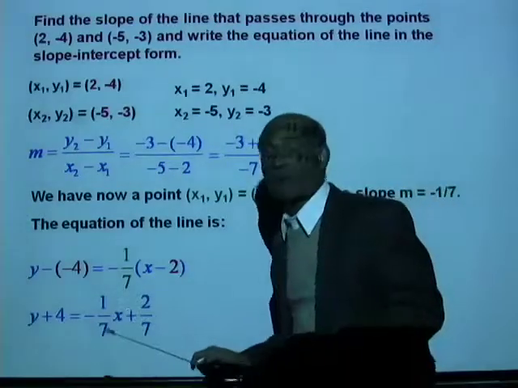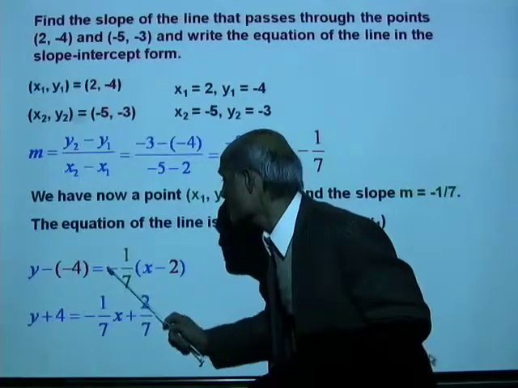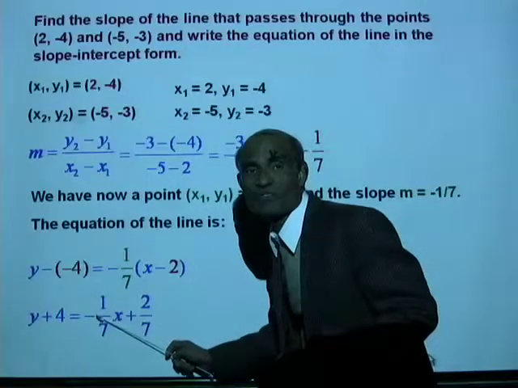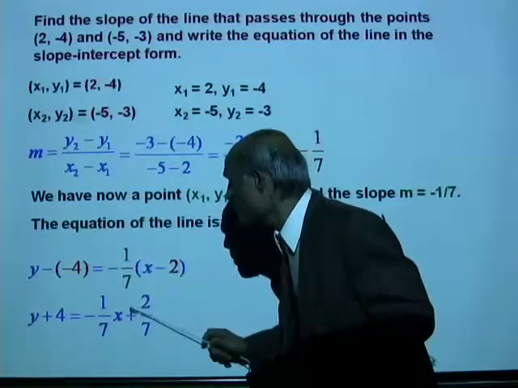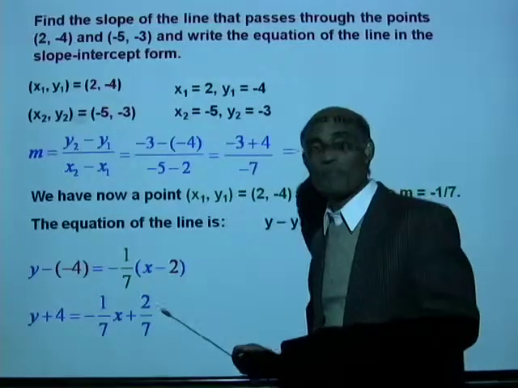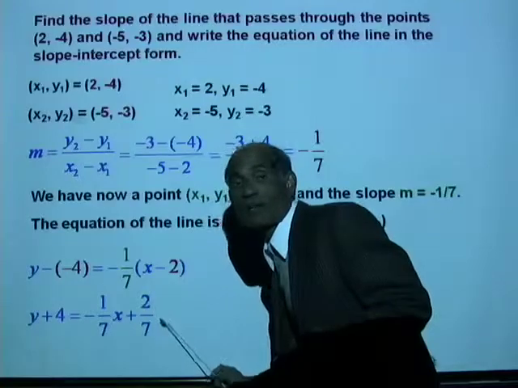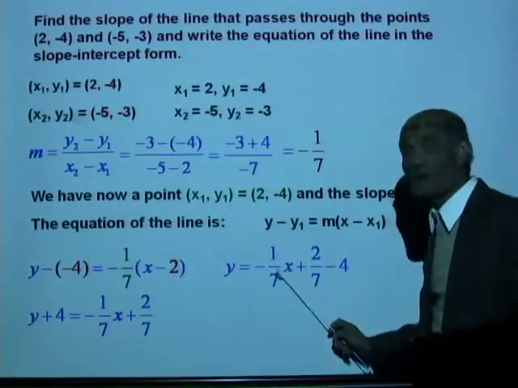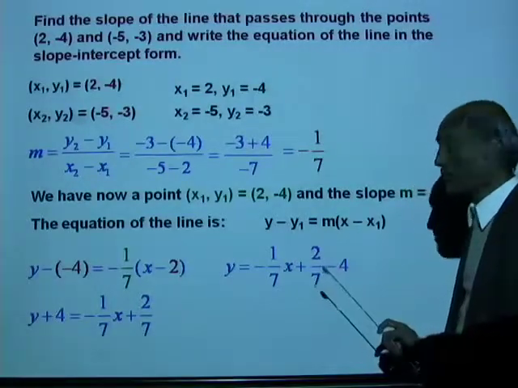Now, you've got to simplify it. Alright? Distribute the -1 over 7. -1 over 7 times x is -1 over 7x. -1 over 7 times -2 is +2 over 7. And now, move this 4 from the left to the right. You get y equal to negative 1 over 7x plus 2 over 7 minus 4.